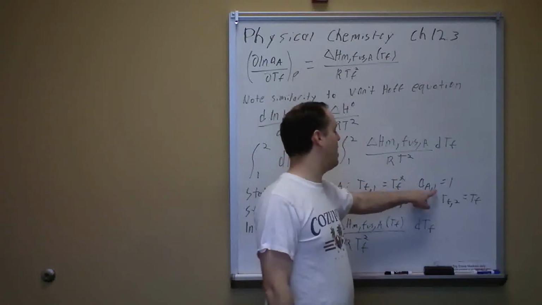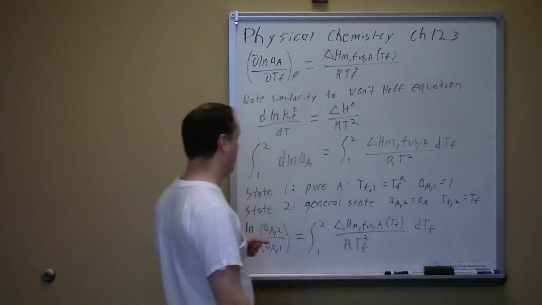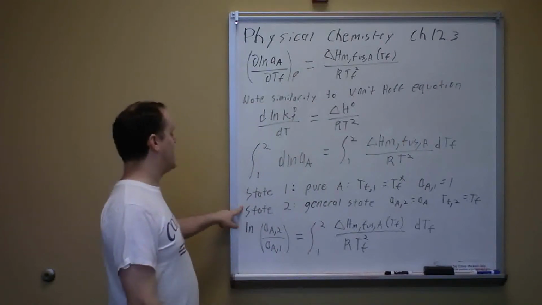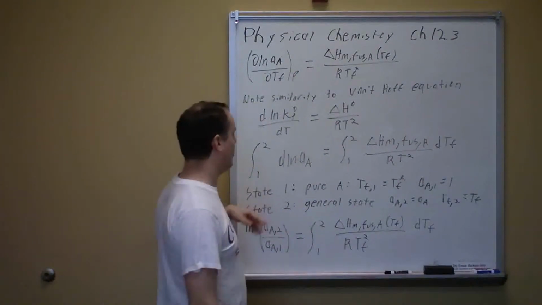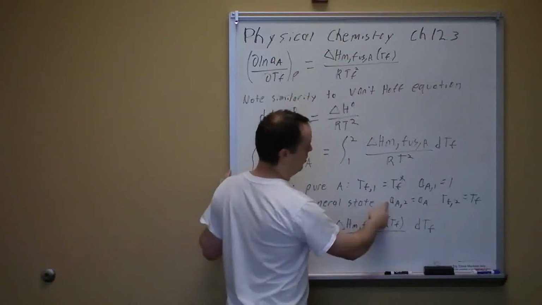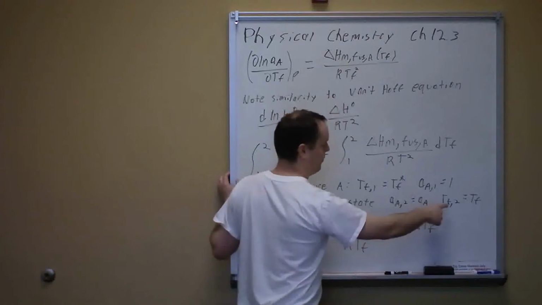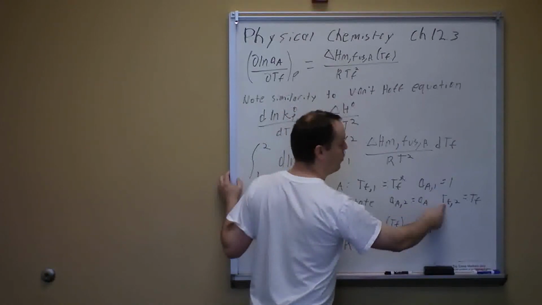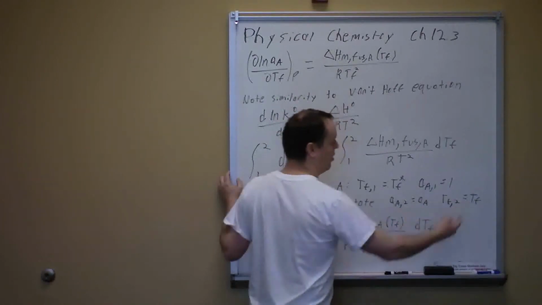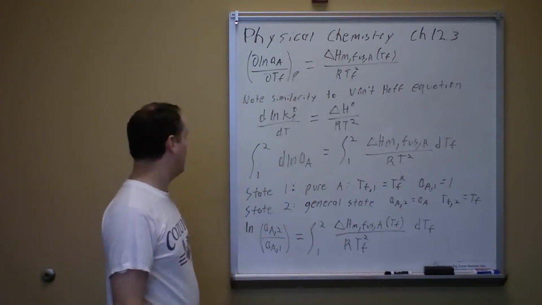And the activity of A in state 1 is equal to 1 because it's pure. Then at state 2, we're just going to say that's any general state. So the activity of A in state 2, we'll call the activity of A, and the freezing point temperature in state 2, we'll call the freezing point temperature.